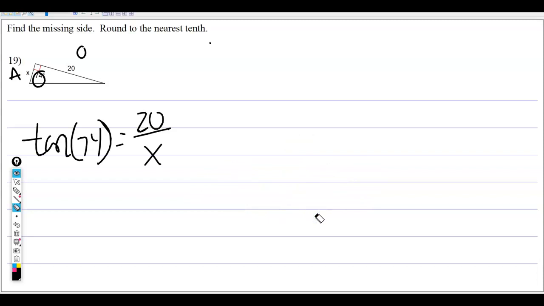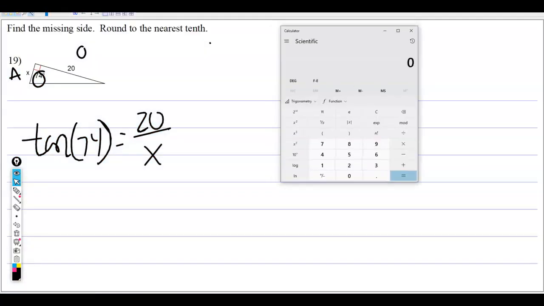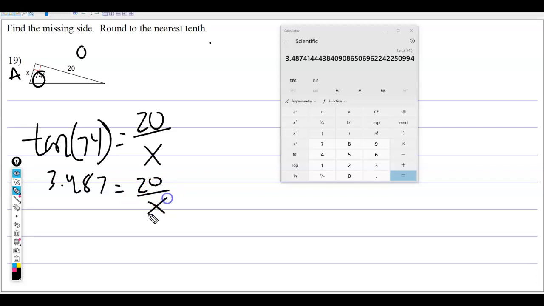Okay, now, next what we're going to do is go and use our calculators here. I'm going to find out what is tangent of 74. 3.487. And then we're going to solve for x. So to solve for x, the first thing I would do is multiply both sides by x.